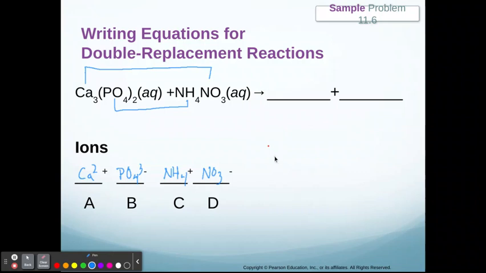All right, so what you should have for your final answer, let's see, we have our AD, which would be calcium 2 plus, and nitrate. 2 goes over there, and the 1 goes over there, forming Ca(NO3)2. So that's our AD.